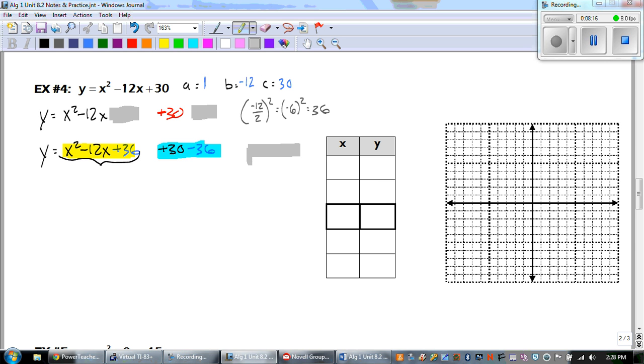Okay, so off to the side, you're thinking of what numbers multiply to get to negative 36 and add to get to negative 12. So if you need to go off to the side to write down all the factors, because I know there's a lot of factors of 36.